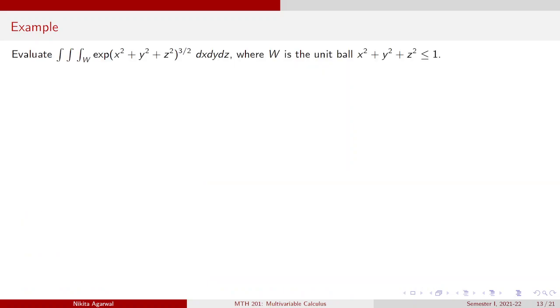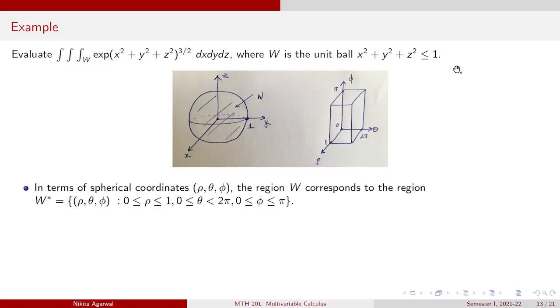Okay. Let us look at this example. So evaluate this triple integral where w is the unit ball, x square plus y square plus z square less than or equal to 1. So this shaded region is what you have. So in terms of spherical coordinates, it's a very nice region because now rho is the distance from origin to the point. So now the point can go from origin to this side, right?